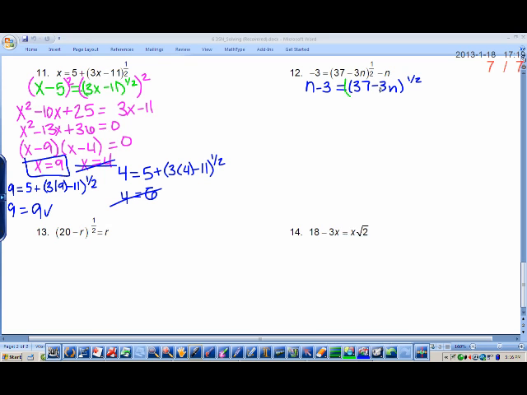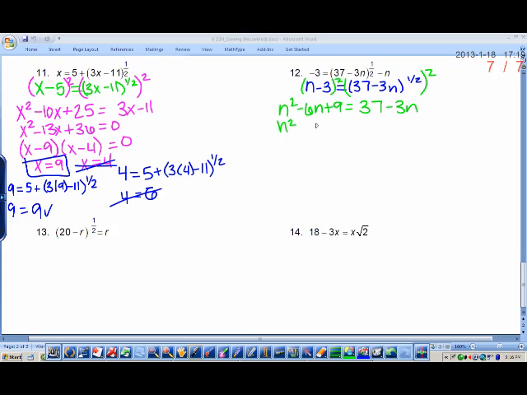So I'm going to square both sides to get rid of that 1/2 power, that radical. N minus 3 squared would give us n squared minus 6n plus 9 is equal to 37 minus 3n. Move everything over to the left where our n squared is positive.